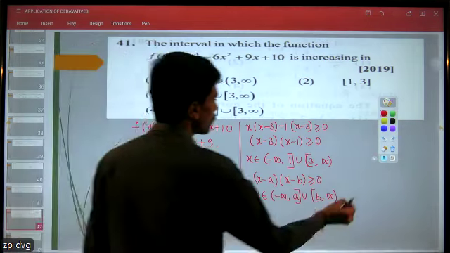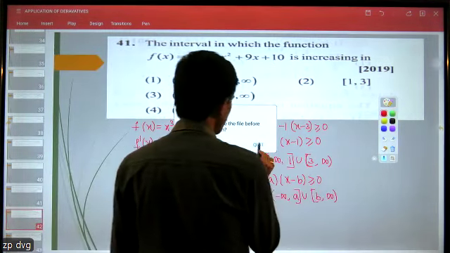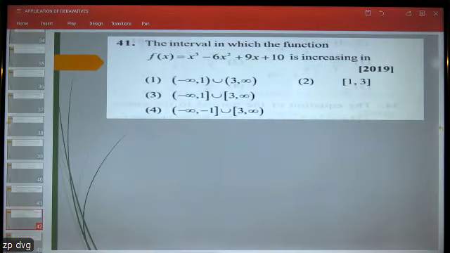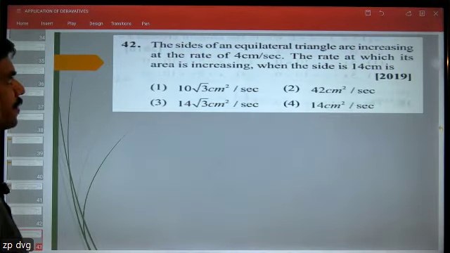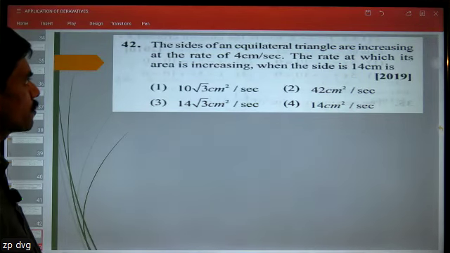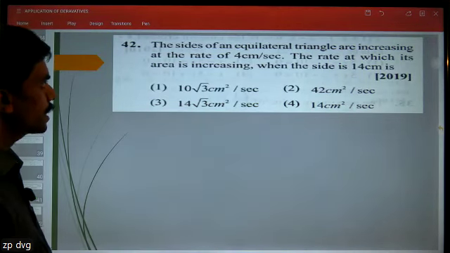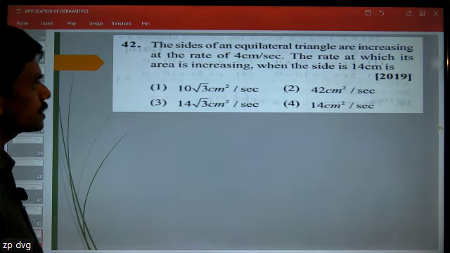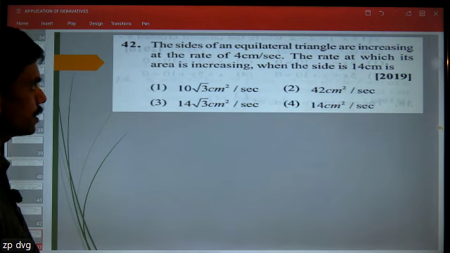So next we'll go for question number 42. The sides of an equilateral triangle are increasing at the rate of 4 centimeter per second. The rate at which its area is increasing when the side is 14 centimeter.